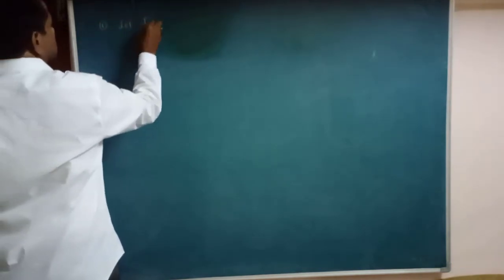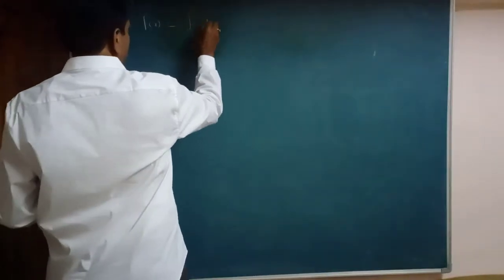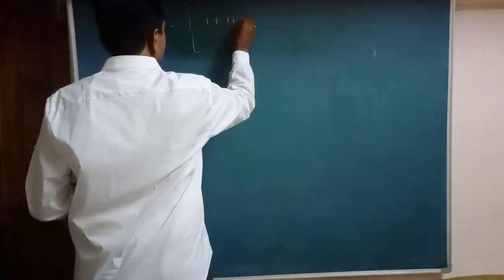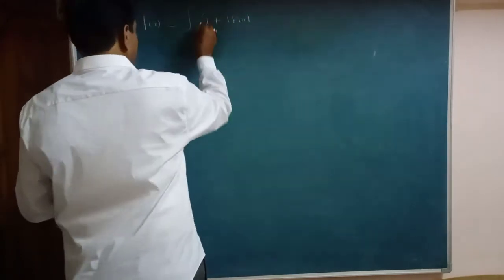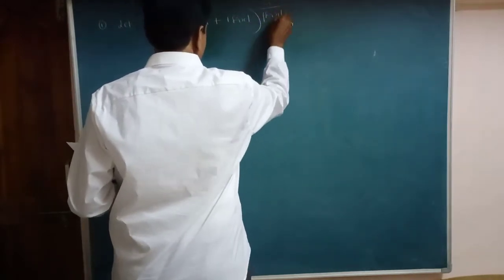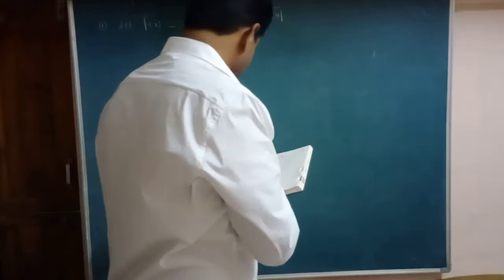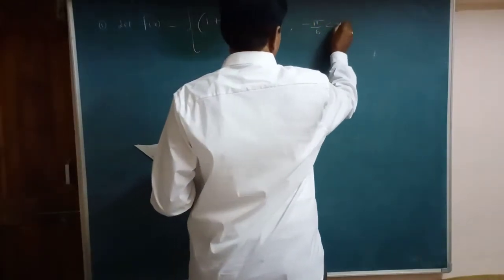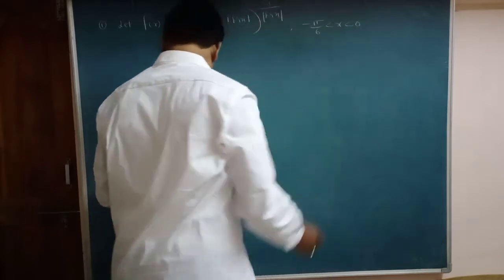The first one, let f of x equal to (1 plus mod sin x) whole power a by mod sin x, for minus pi by 6 less than x less than 0.